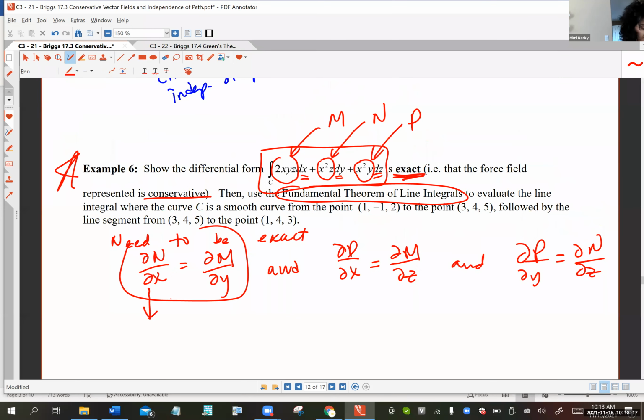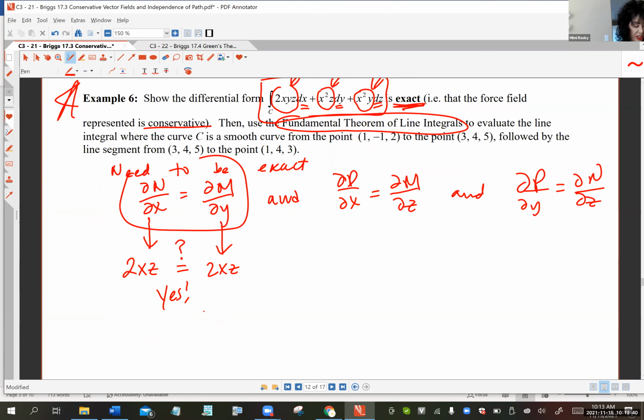Okay, so let's check this first. dN/dx, what is that? If x squared z is N, when you take the derivative with respect to x, I get 2xz. Is that the same as dM/dy? If I take the derivative of 2xyz with respect to y, I get 2xz. Yes, so that one works. So far, so good. Let's check the next thing.